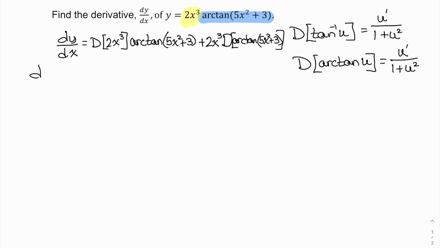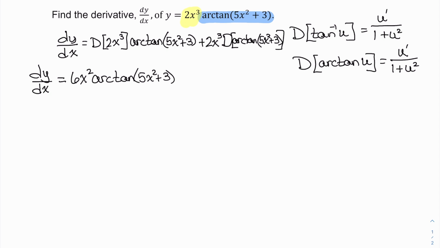So now applying those derivative rules, the derivative of 2x cubed is 6x squared. And then leave that arctan the way it is.